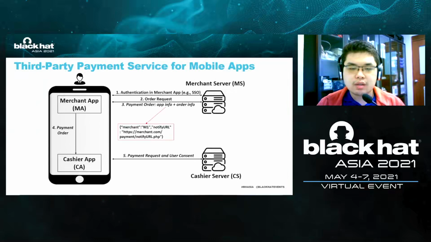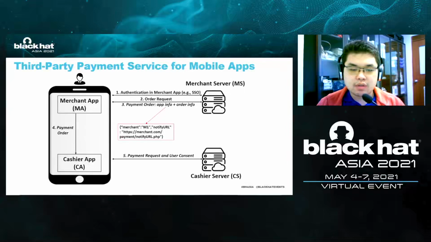So first, the user needs to log into the merchant app in step 1, which can be conducted through the single sign-on service that may be provided by the same service provider or cashier. After the user shops and chooses to check out with the third-party cashier, the merchant app generates an order request to its server in step 2.